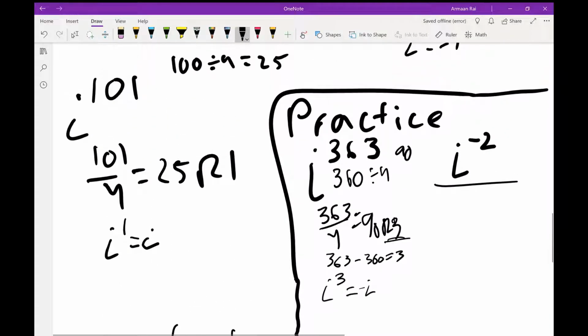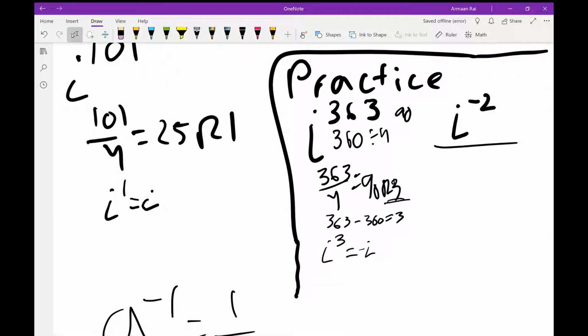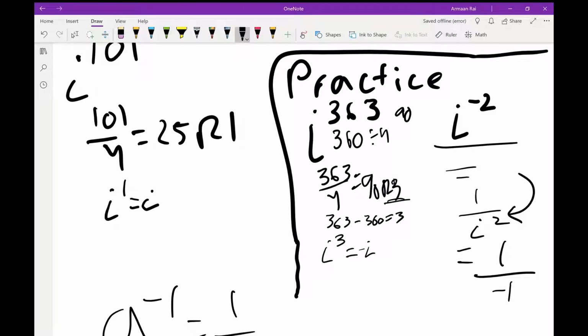So let's bring it up here, and this equals 1 over i squared. Are we done? No, we're not. Look, we still have that. So we take 1 over, what's i squared? It's negative 1, because if you remember earlier, i equals the square root of negative 1.